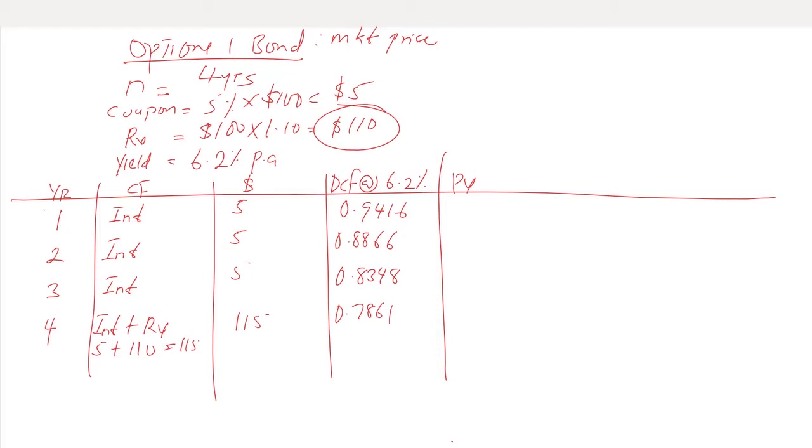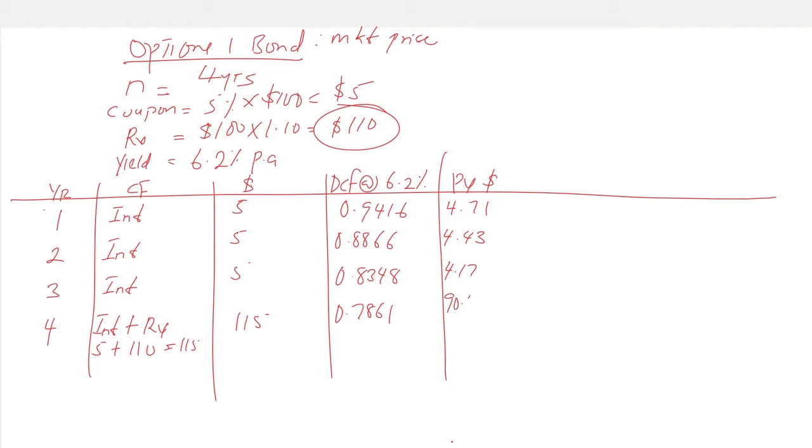5 times 0.9416. Okay, that gives me 4.71. 5 times 0.8866. That gives me 4.43. 5 times 0.8348. That will give me 4.17. And 115 now times 0.7861.